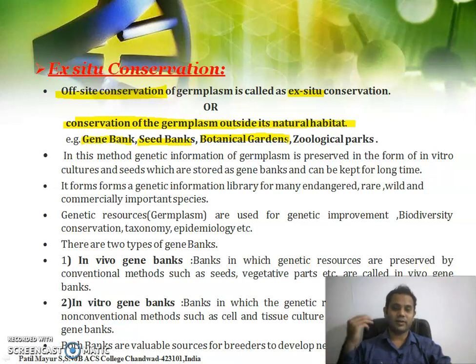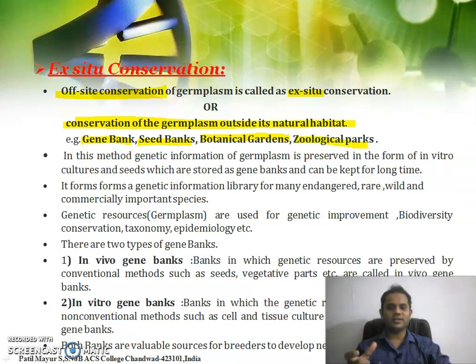In our case, we brought them mostly from nursery or even from forest. For the purpose of conservation, we can bring the plants, or even in a zoological park, where a zoo is there in Aurangabad, Siddharth Zoo. There the animals are brought and they are protected in that protected area like a zoological park.